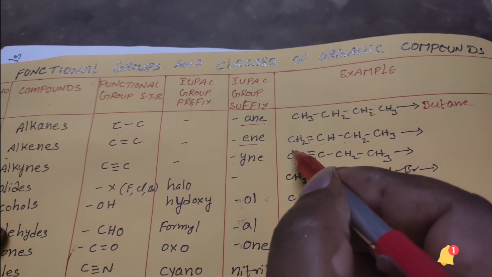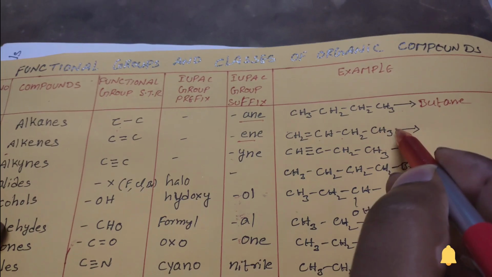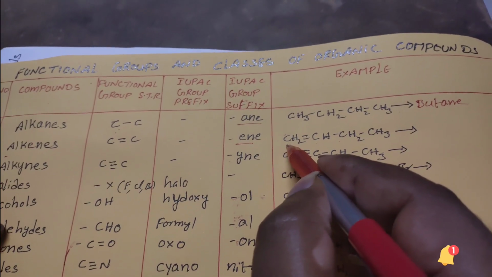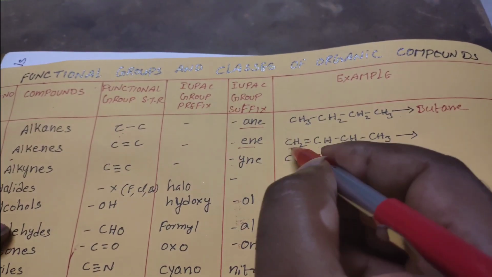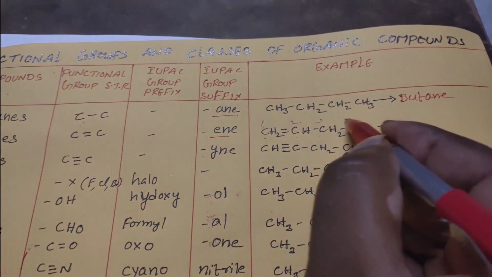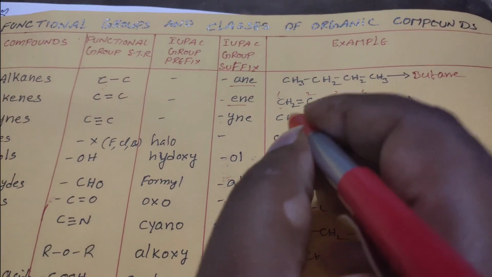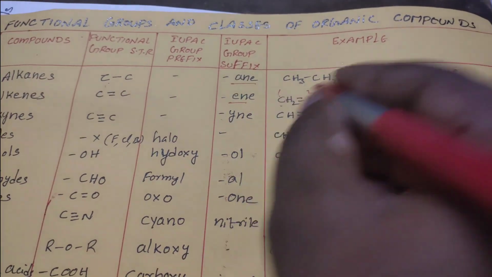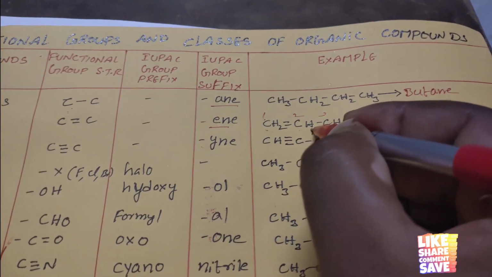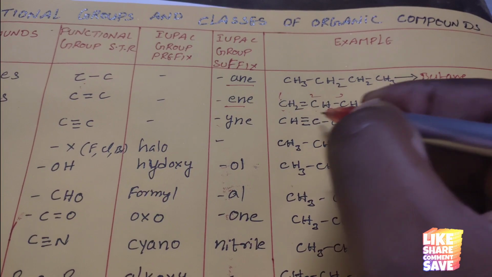Then from which direction do we give the numbering, either from left to right or right to left. Here the first carbon has the double bond, that's why I am giving numbering from left to right. 1 2 3 4. And for the name of the compound, the root word is but.